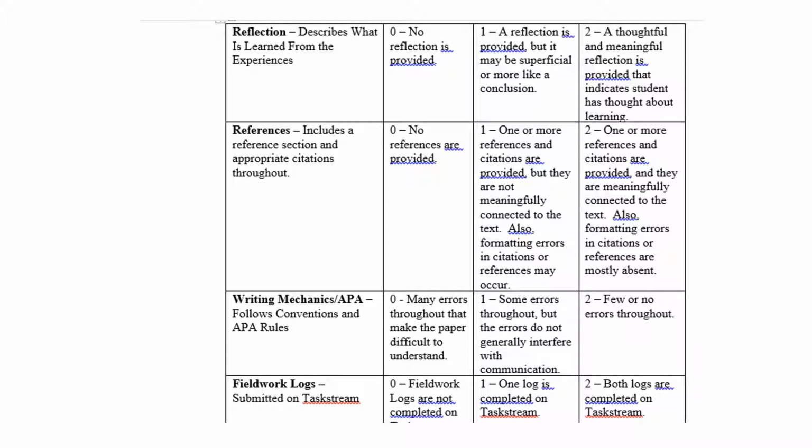And the numbers there refer again to how many points you earned at each level. You have to provide at least one reference. You have to have few or no writing errors or APA errors, and you have to submit or upload both logs to TaskStream. That's how you get full credit for this assignment.